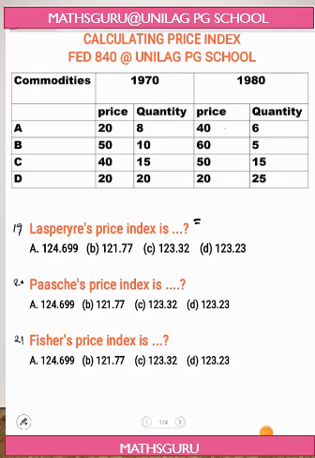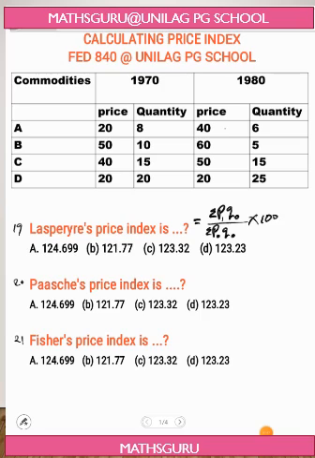To calculate the Laspeyres' price index, we use: Laspeyres' price index equals the summation of the current price multiplied by the base quantity over the summation of the base price multiplied by the base quantity, then all multiplied by 100.